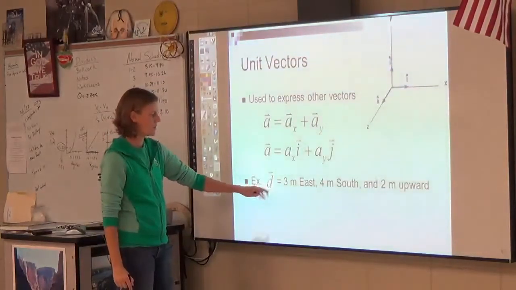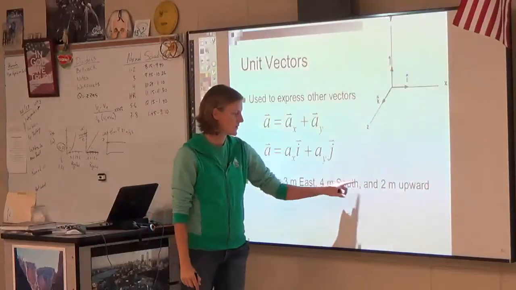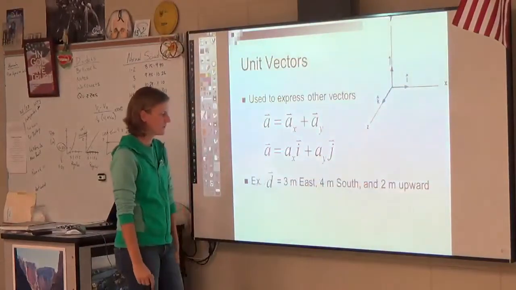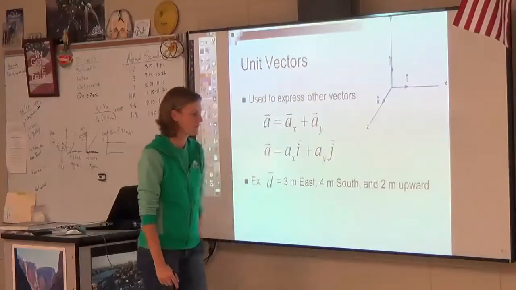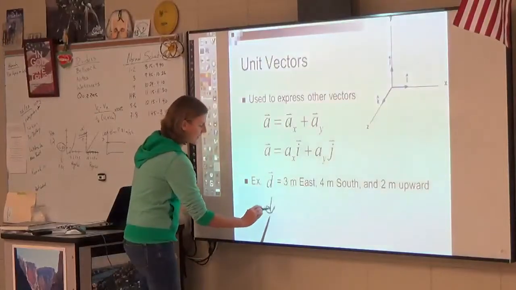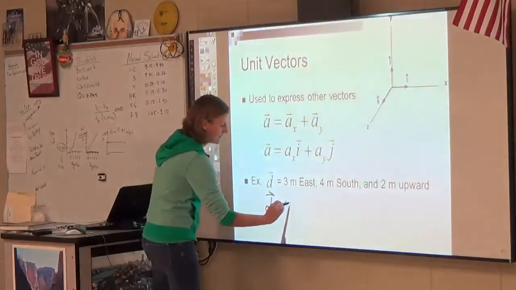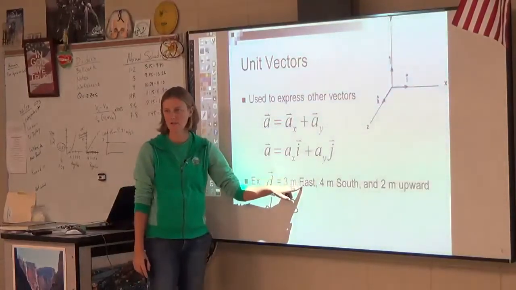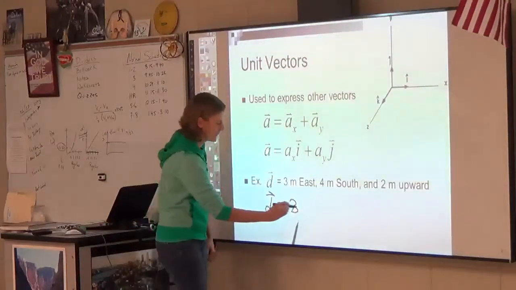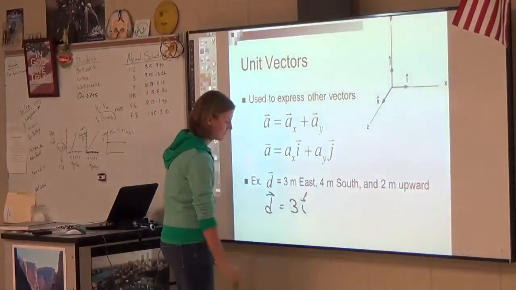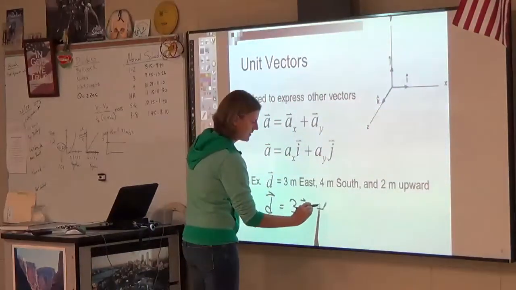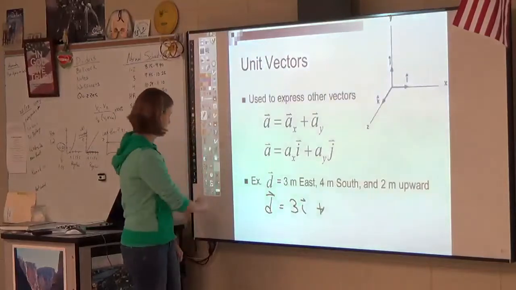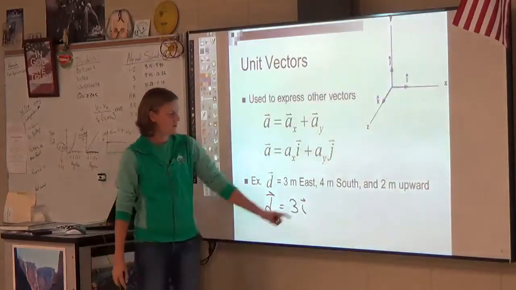So if you were given the vector E which had components 3 meters east, 4 meters south, and 2 meters upward, another way of writing that is simply 3 for my magnitude. How would I indicate east? Just the i. Well, hold on. 4 meters south.